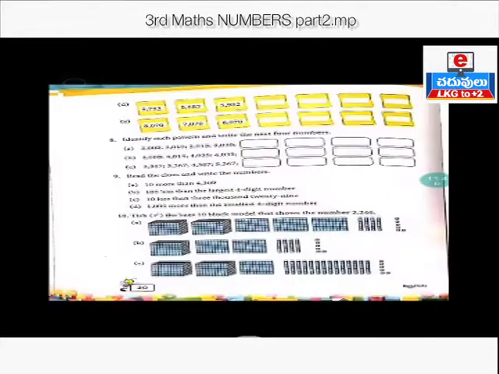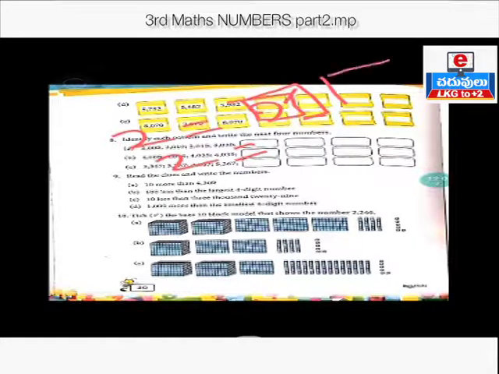Here the number they given, 2246. 2000 means how many blocks? 2 blocks. And next, how many flats are 200? 200 means 2 flats. This is a block. Next, 200 flats means this only, no?